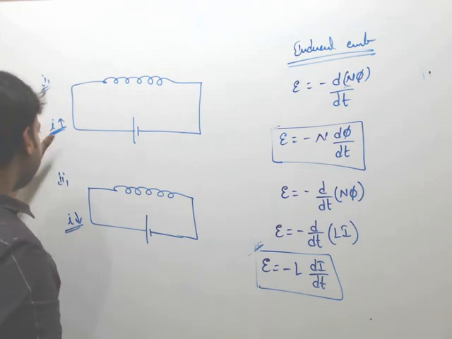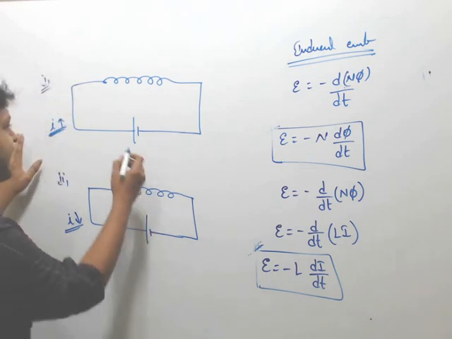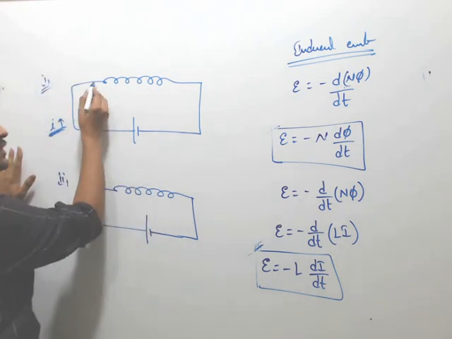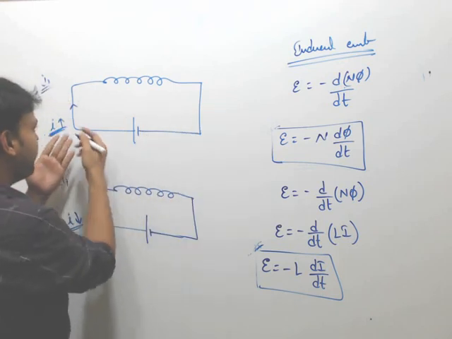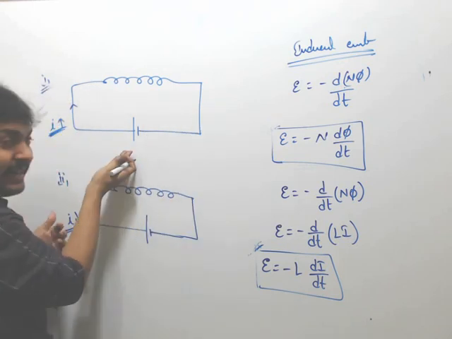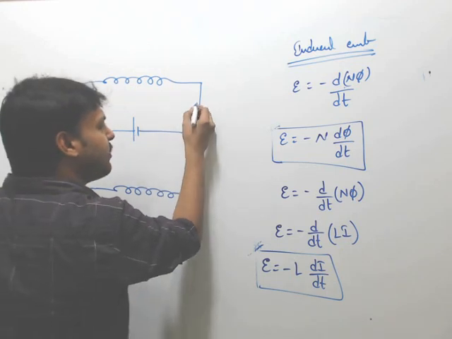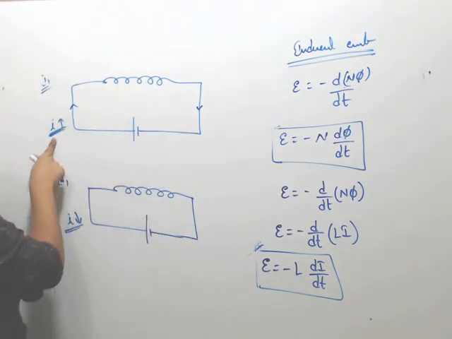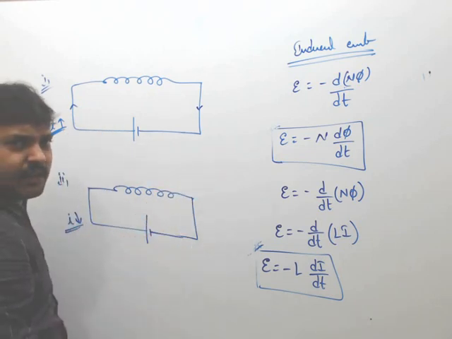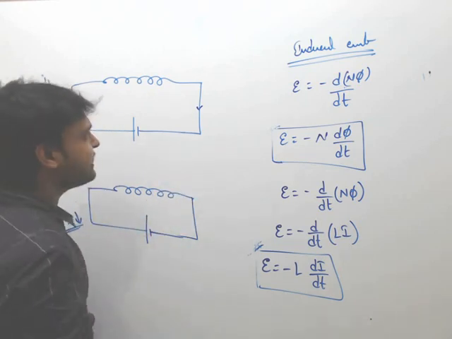Now, if current increases, already we said current is increasing, opposition in which direction? So no need to tell about the direction of the current. Why? Because the battery is there. So positive terminal to negative terminal we know, right? So the induced EMF, with current increasing, will be opposing, or will it be in the same direction?